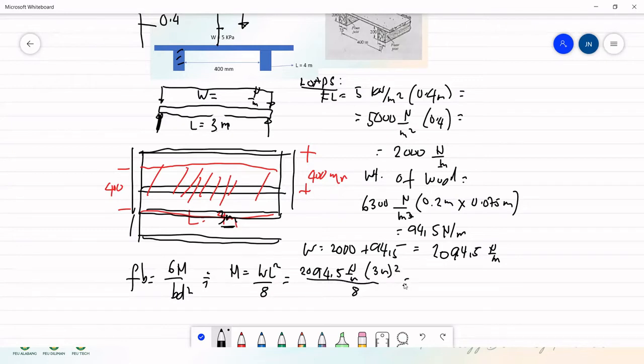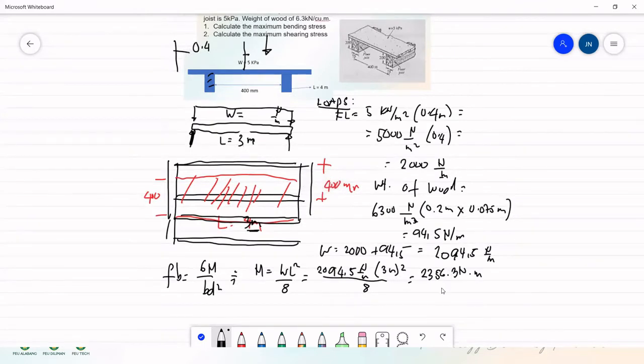Let us calculate. This one will become Newton meter, 2,356.3 Newton meter. Tama ba? Yes, sir. Kung meron na tayong moment, madali na yung bending stress.